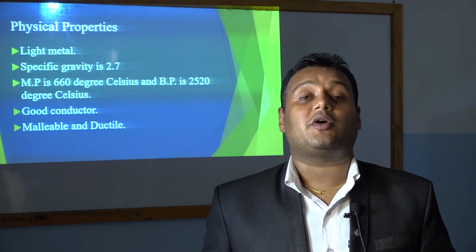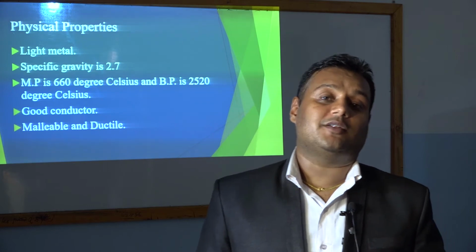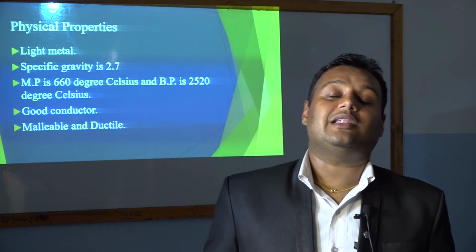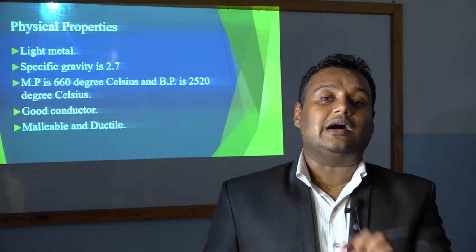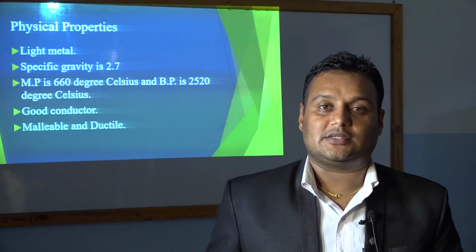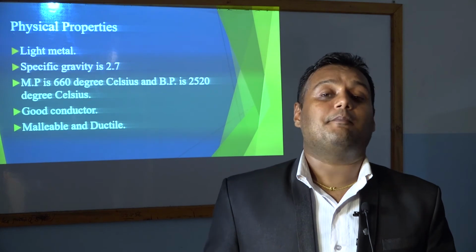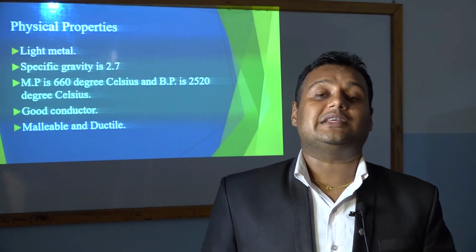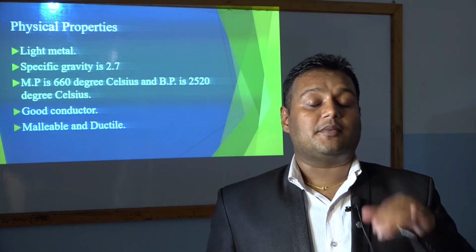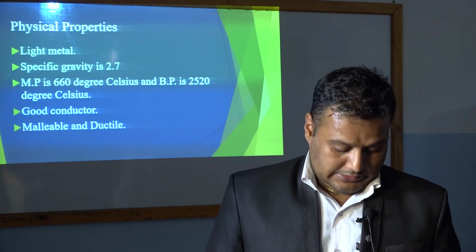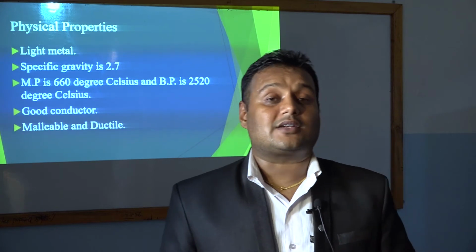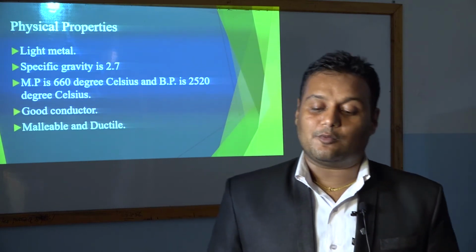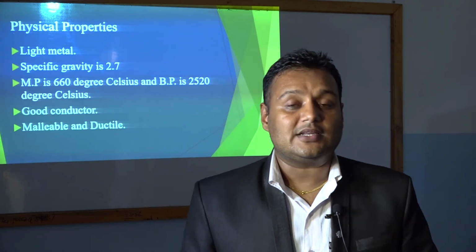Another property is malleability. Similar to iron, aluminium can be beaten into thin sheets. So aluminium is malleable, meaning it can be beaten to make a thin sheet. Similarly, it is ductile, so we can make aluminium wires.